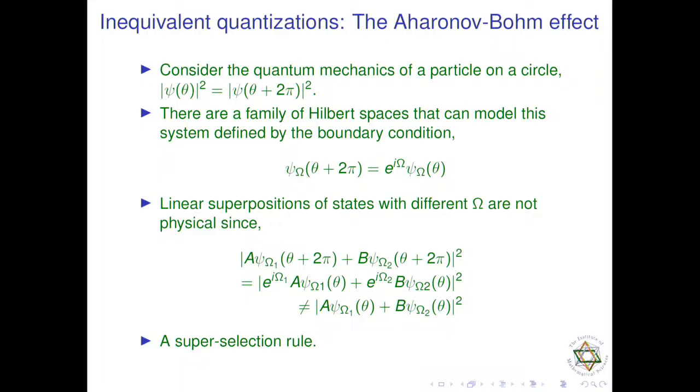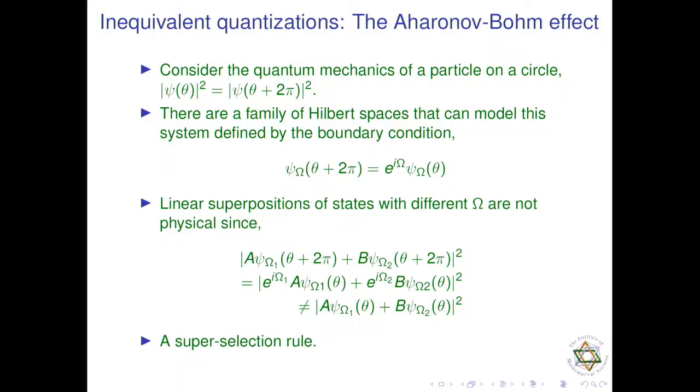So now consider how this kind of topology affects the quantum system. This is a classic example of the Aharonov system of a particle on a circle. Since theta is an angle on a circle, the physical condition is that the modulus squared of psi at theta equals the modulus squared of psi at theta plus 2 pi.